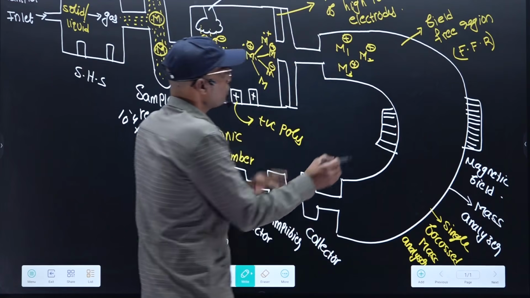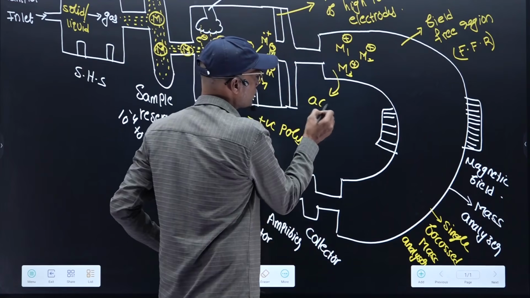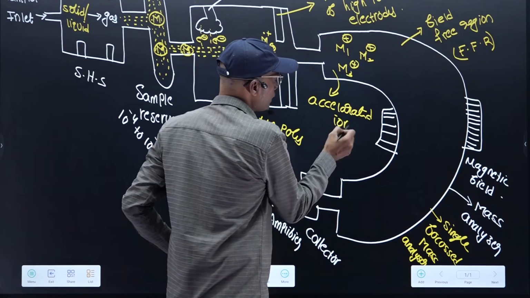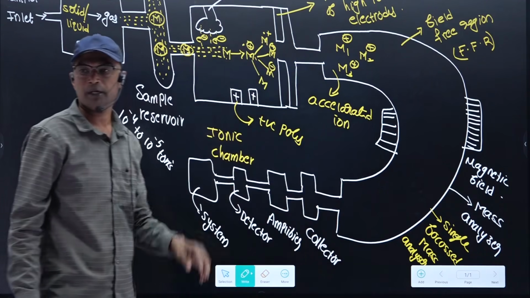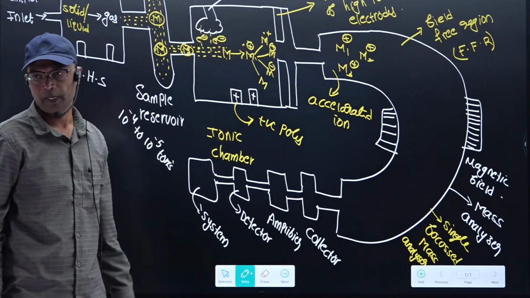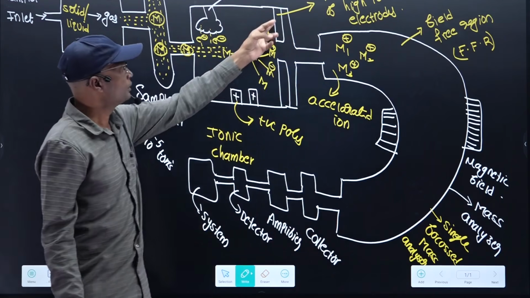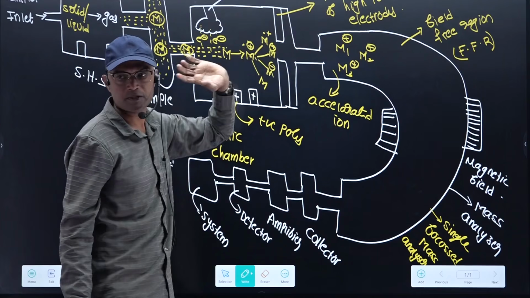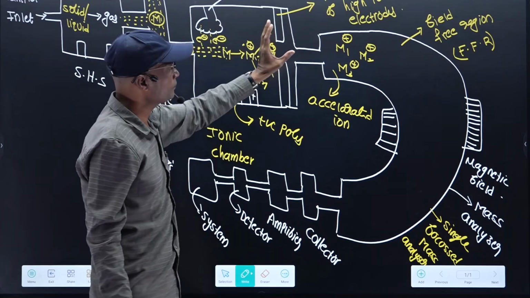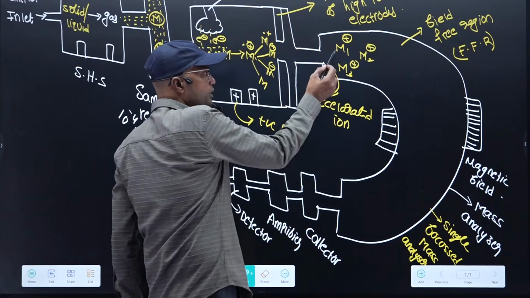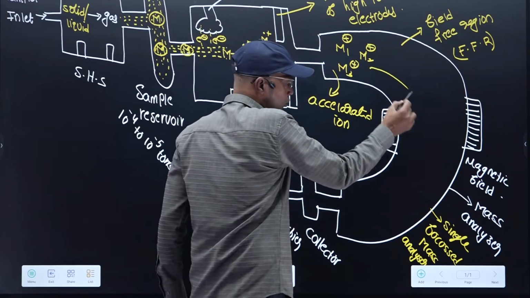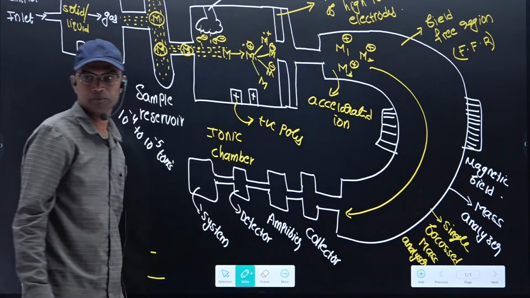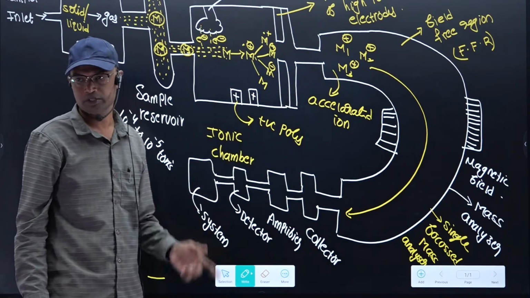Once they enter over here, they are accelerated ions with different m/z values. The high potential electrodes push these ions based on their mass. When a cation is accelerated, it takes some time to travel up to the collector. This is called time of flight.